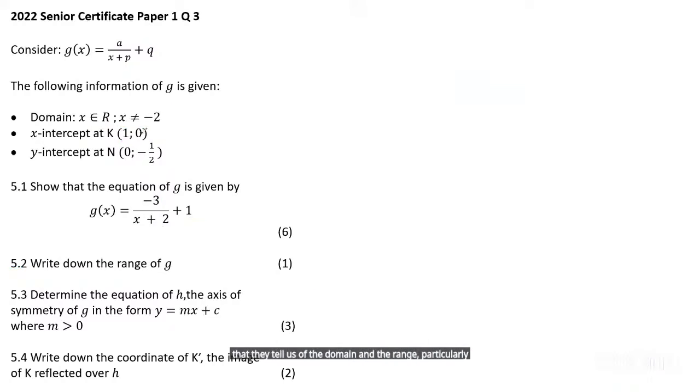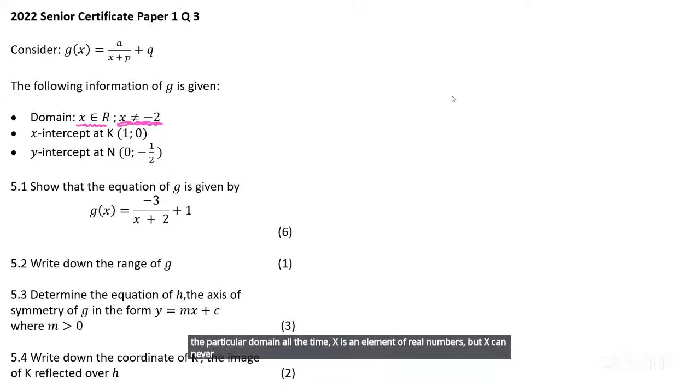Particularly, the X asymptote tells me about the domain. X is an element of real numbers, but X can never be equal to -2. That's for the domain. The range on the other side is told by Q, so the range is told by the Y asymptote.